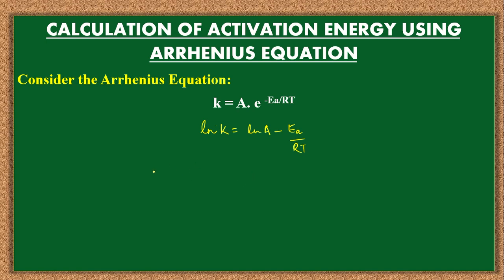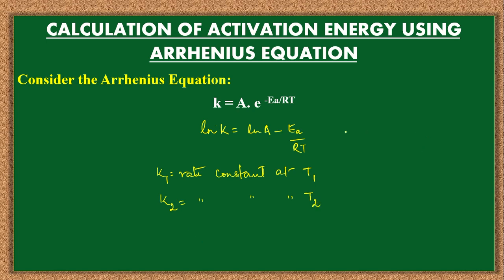Now, suppose that K1 is the rate constant at temperature T1. Similarly, suppose K2 is the rate constant at temperature T2.